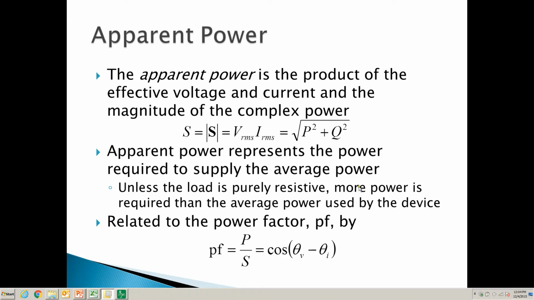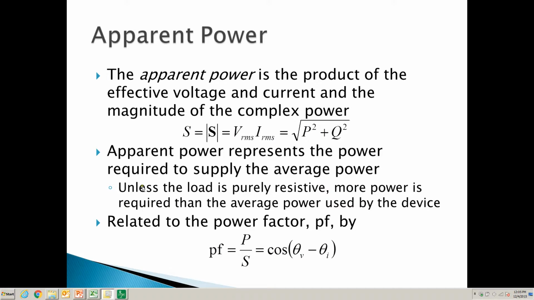This is because the supply is going to have to provide not only the real power that will eventually be dissipated in a different form, such as heat energy, sound energy, or some other form, but the supply also has to provide the power that is being absorbed within the system.